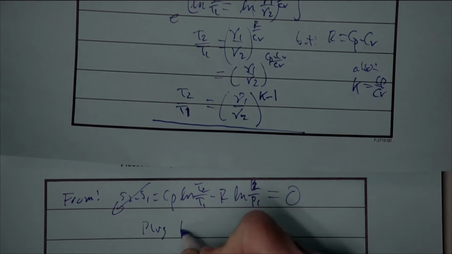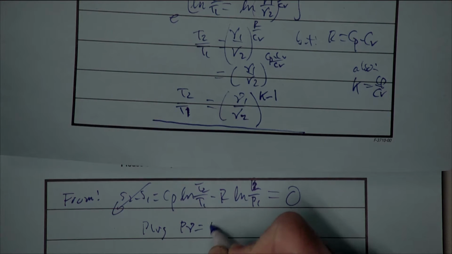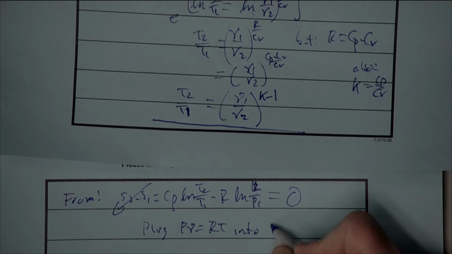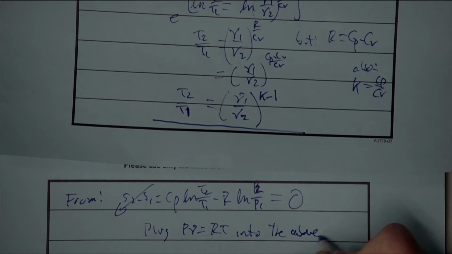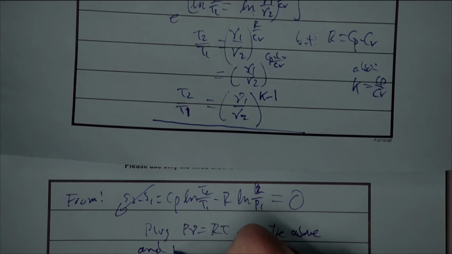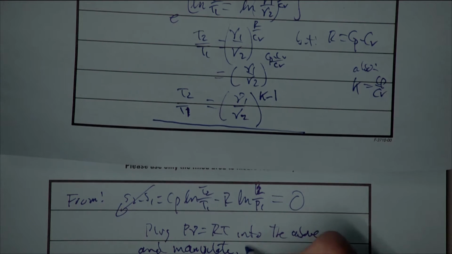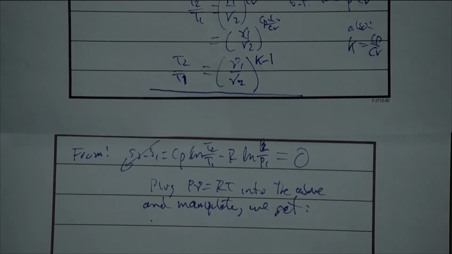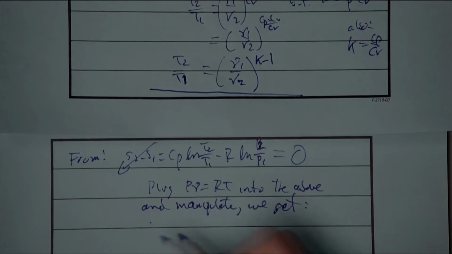If we plug PV equals RT into the above and manipulate, and again, I'll just let you guys who feel so inclined do this on your own, what we would find is the following.